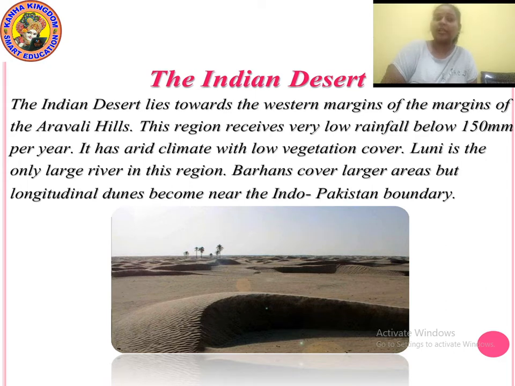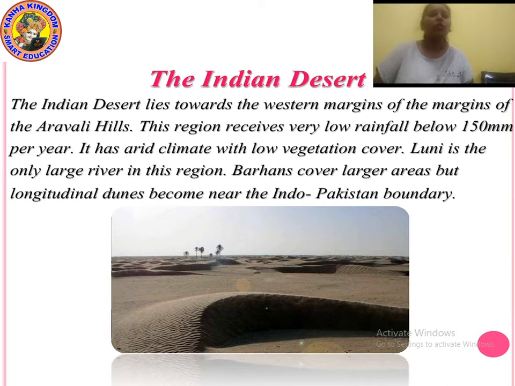Now the next one is the Indian Desert. The Indian Desert lies towards the western margins of the Aravalli Hills. This region receives very low rainfall, below 150 millimeters per year. It has an arid climate with low vegetation cover.